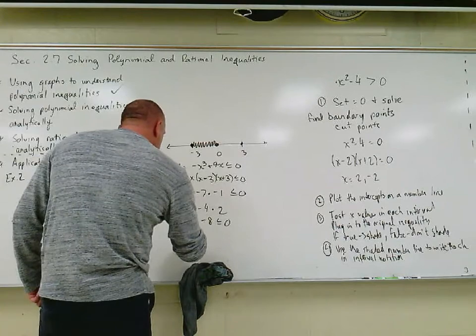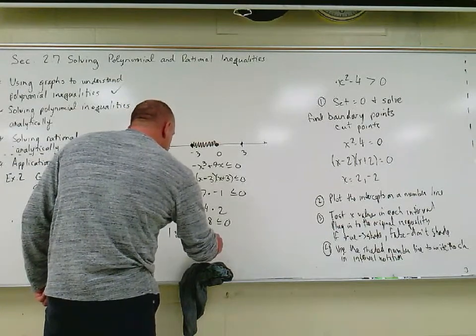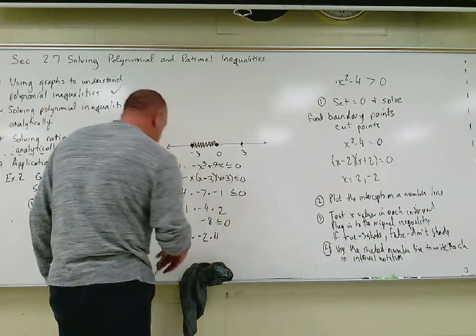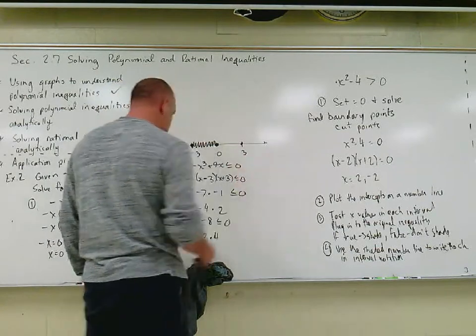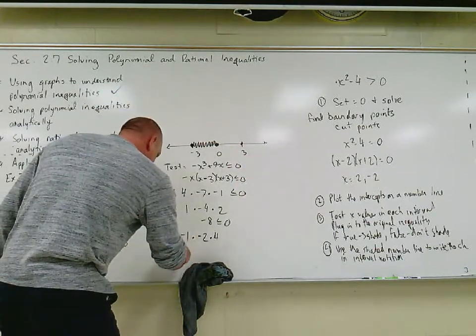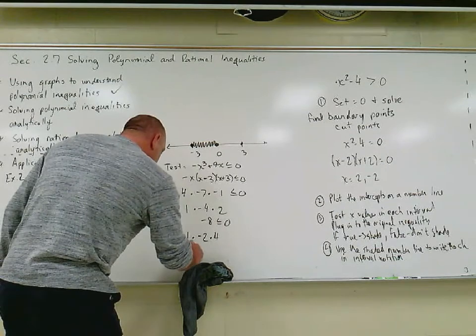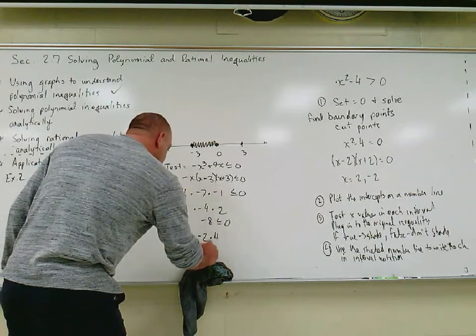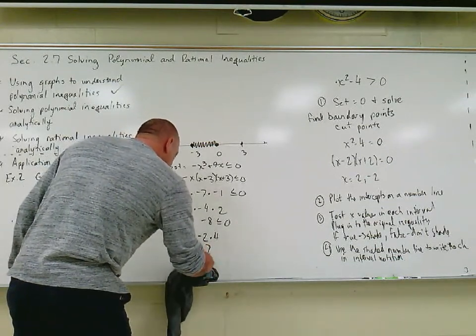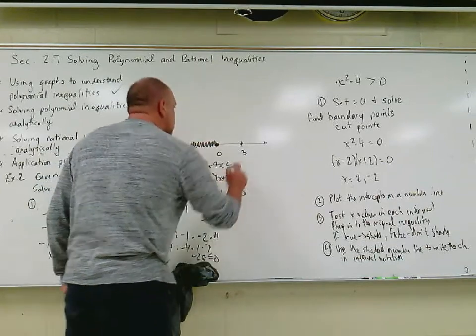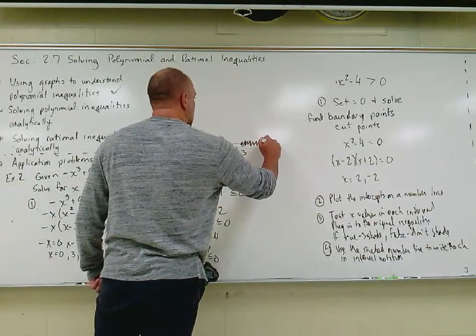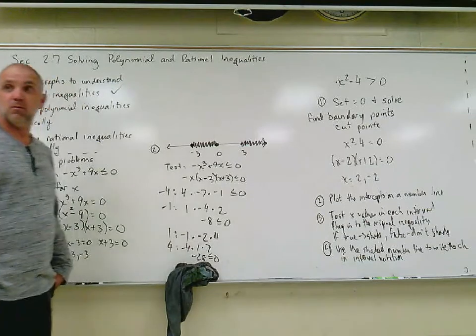I get -1 times -2 times 4. That's positive, not less than 0. Then I'll plug in a 4. -4 times 1 times 7 is -28, which is less than or equal to 0, which is true. And there's my two intervals.